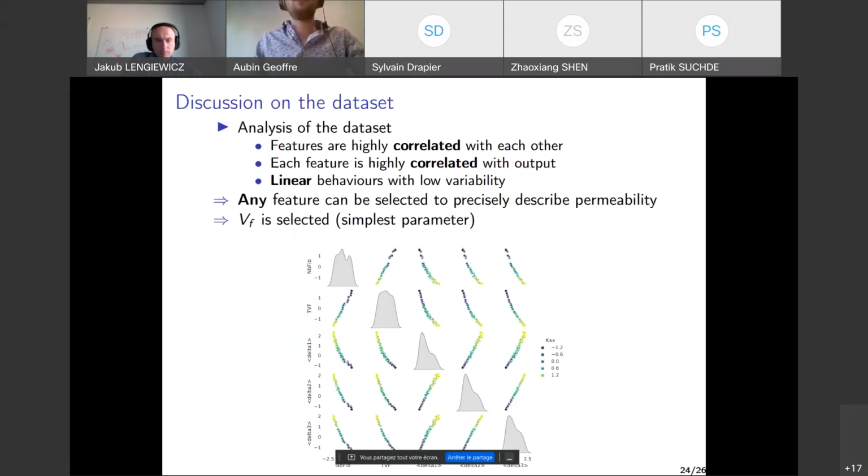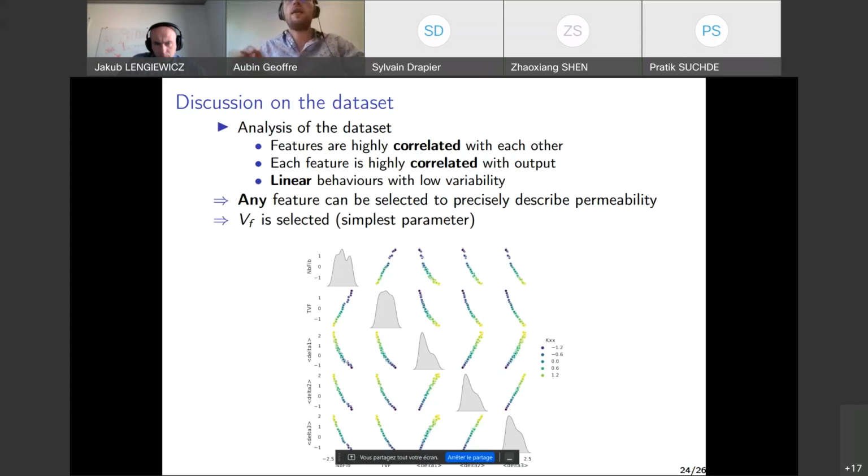But if we discuss a bit more about the data sets, maybe this Gaussian process technique is too much in the case of this example. Here is a representation of our data set, and it turns out that all the features are highly correlated with each other, and they are also correlated with the output.